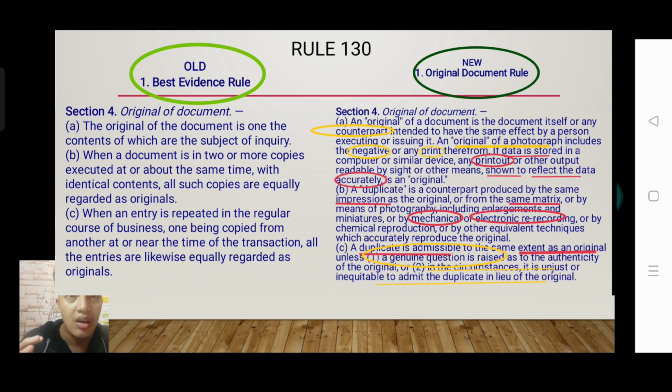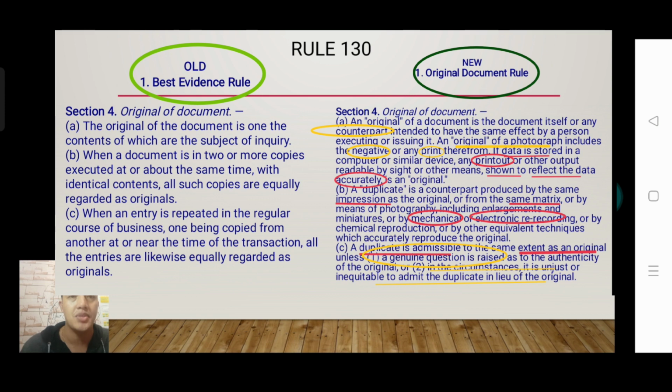The answer is no. There is no difference in terms of application. It is the same, but there are some insertions to be considered. When the subject of inquiry is the contents of the document, no evidence shall be admissible other than the original. So, if the content itself is being questioned, then there is no other evidence but the original document itself.